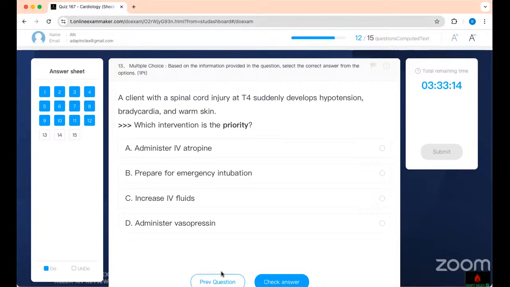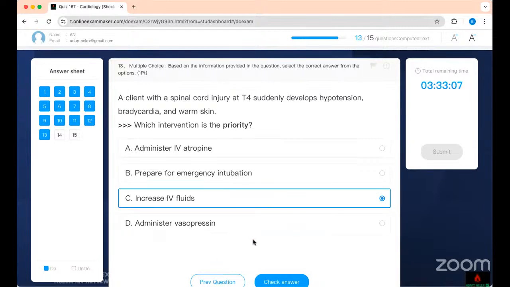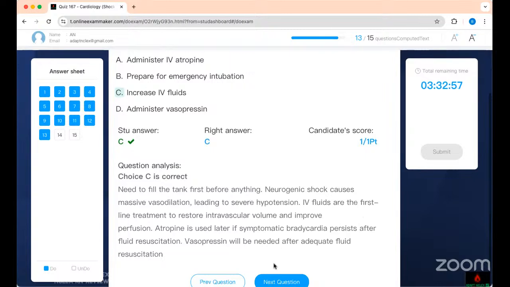Fill the vein and then squeeze it. So the number one thing is to give the individual fluid, then you can squeeze it. Anytime you see a question on distributive shock, sepsis, or neurogenic shock, think about that. Okay? You can answer that.